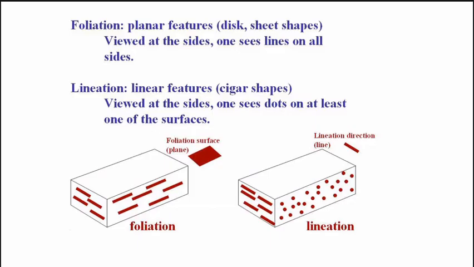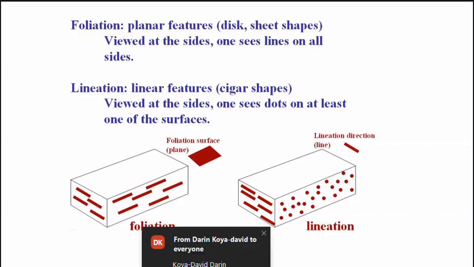Okay, what I'm going to do is give you example assignments. Your first CA is going to be an assignment. Are you listening? Yes. Okay. I want you to extensively distinguish between foliation and lineation. Is that okay?